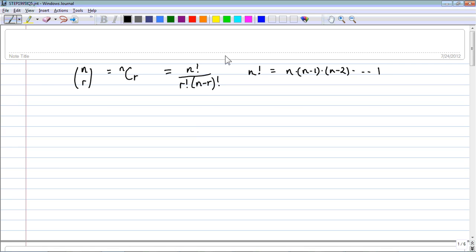I should be a little bit careful in what I say, because while you might have been taught that the factorial notation only applies to positive integers, that is true in some sense. So, for example, we can have 3 factorial. You may have been told that there's no such thing as 1/2 factorial, and there's no such thing as minus 4.5 factorial.